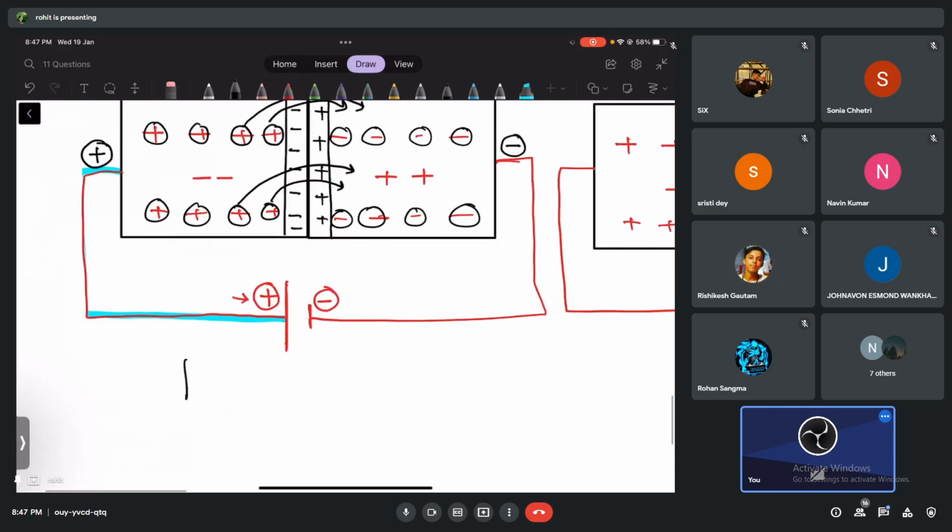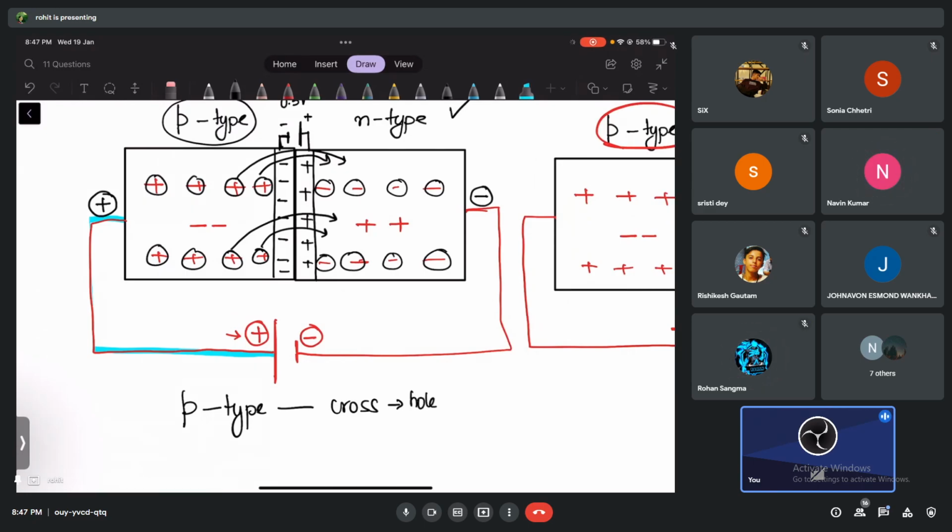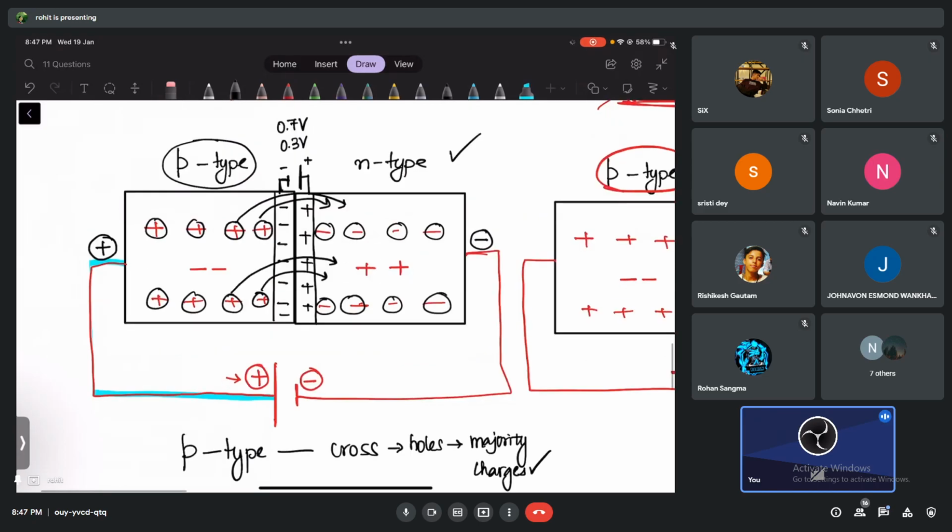So let's be clear: from the P type, who will cross the junction, the holes or the electrons? Holes. And the holes are majority charges. Majority charges are crossing. Now let's check the N side. Who's crossing, electrons or holes?